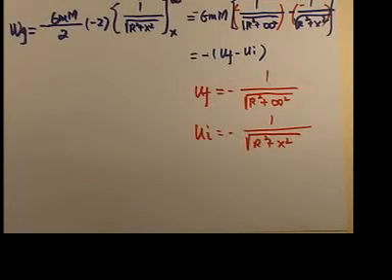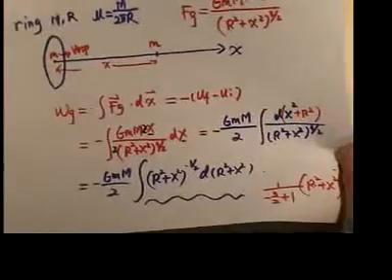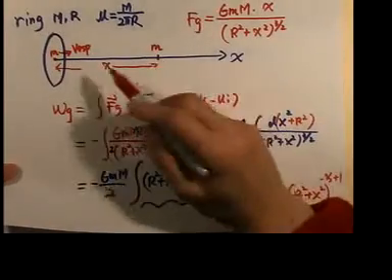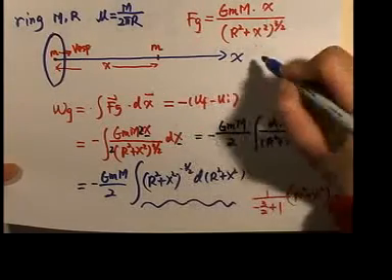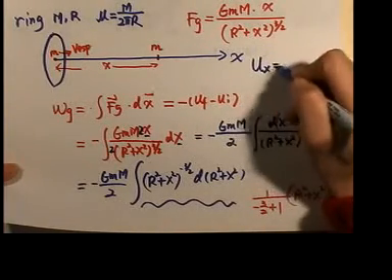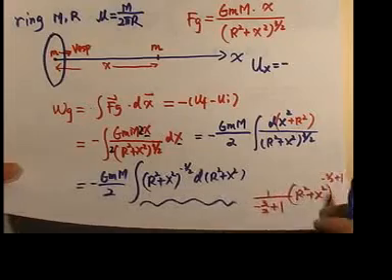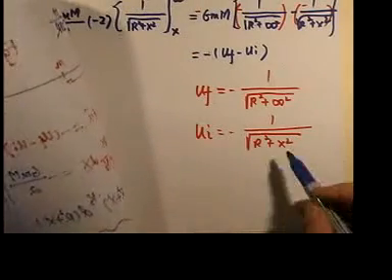What does that tell us? That tells us when the little m is x meters away from the ring, its potential energy U of x is negative, as we can see from here, right?